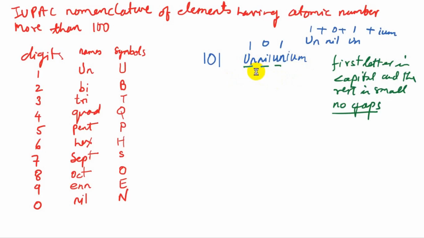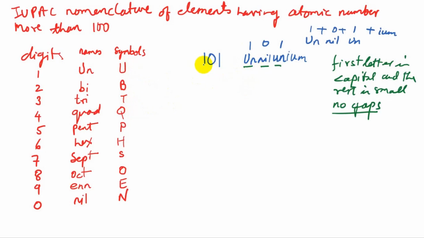What will be the symbol if I ask you that? If the symbol is asked, Unnilunium is your name. So from this, we should be able to write the symbol also, isn't it? To write the symbol, what will I do? I will just take the symbols U, B, T, all those letters, and write down the symbol.